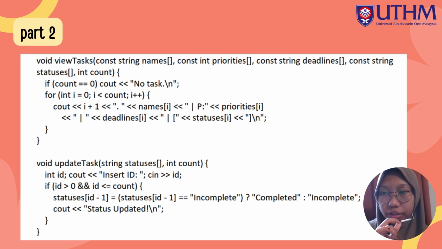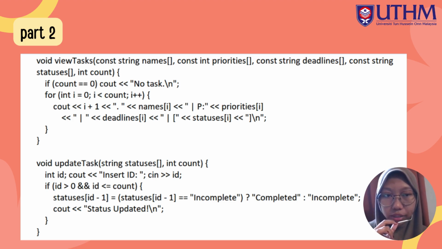So for the third line, it checks whether there are any tasks. If count equals 0, the program will display no task. Next is the for loop. i equals 0 starts from the first task. i less than count repeats until all tasks are displayed. i plus plus moves to the next task. So for the next is cout.